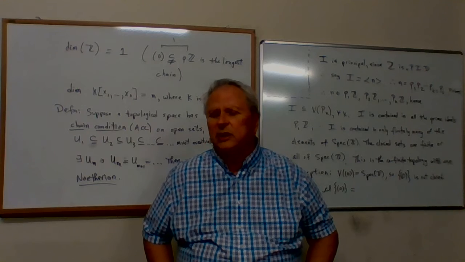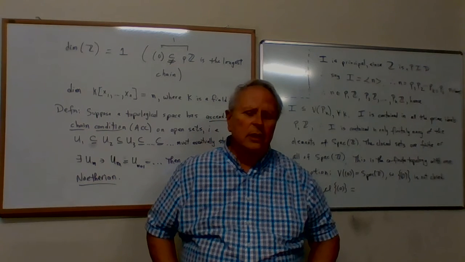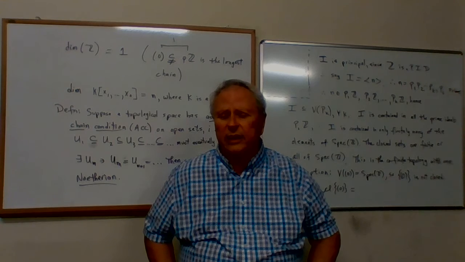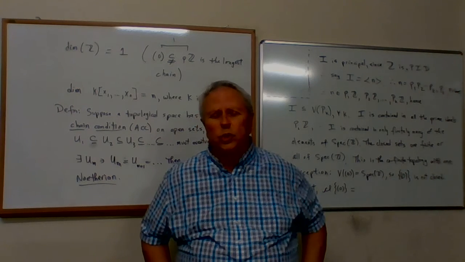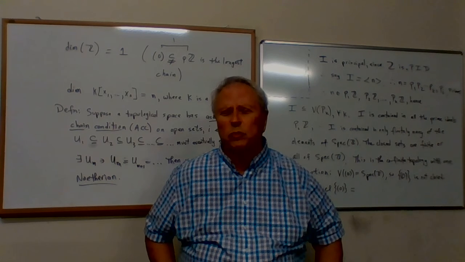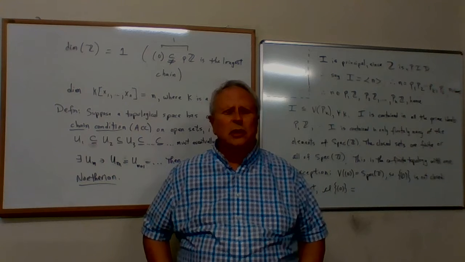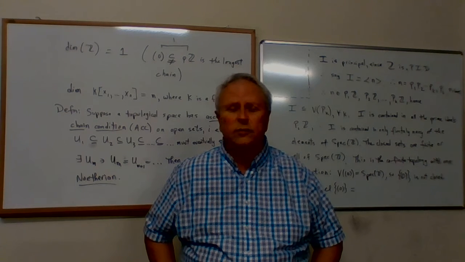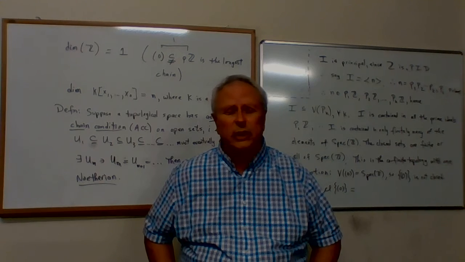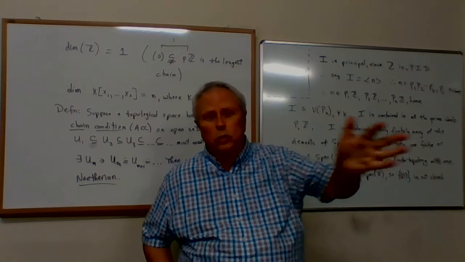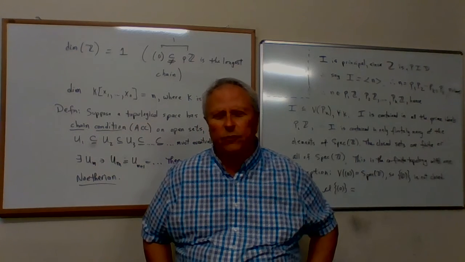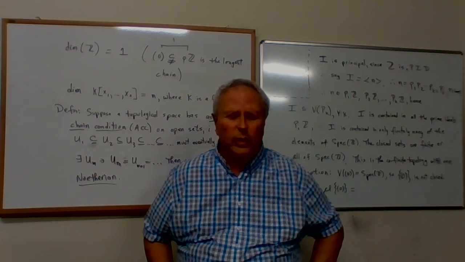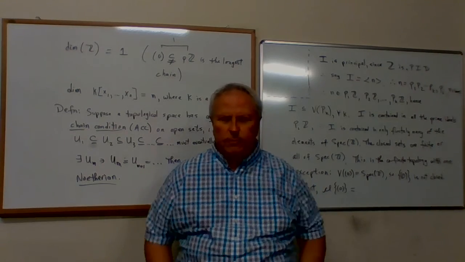If the Jacobson radical of a ring is zero, and the ring has a descending chain condition on ideals, then that ring can actually be embedded in the direct sum of matrices over division rings. Now that's a huge result. It's called the Artin-Wedderburn theorem, but it really glues down the structure of certain non-commutative rings, where you get matrices over division rings all glued together. Fascinating field. So if you get a chance to study non-commutative rings in grad school, I highly recommend it. It's a beautiful theory. So let's press on.